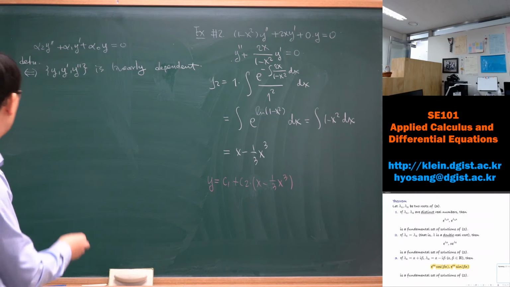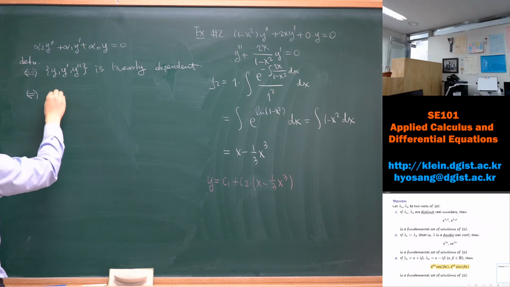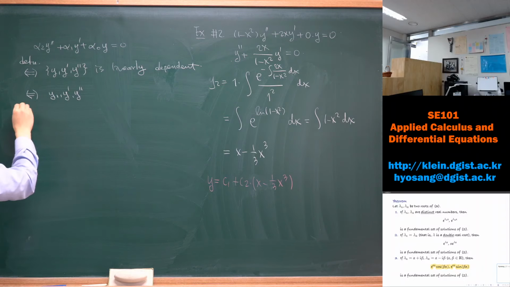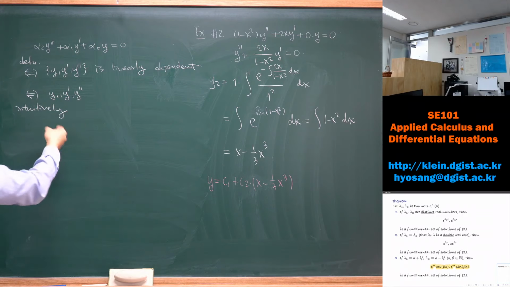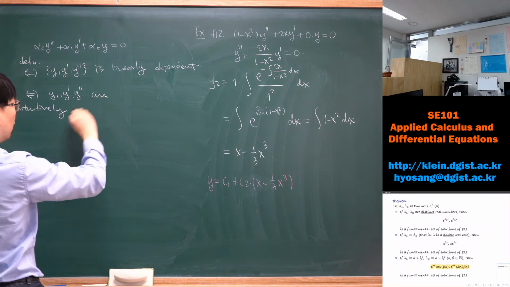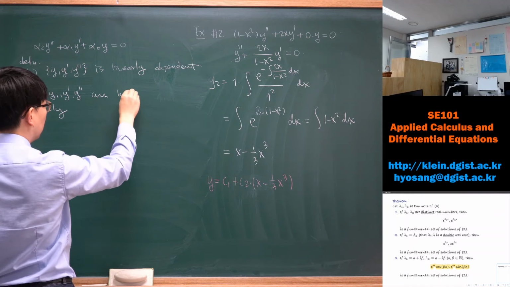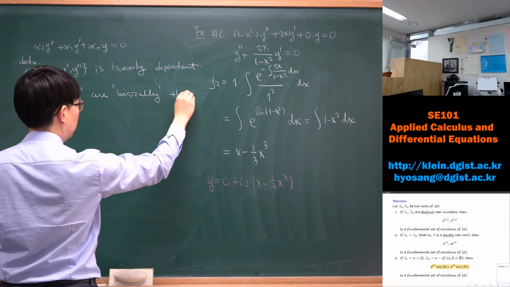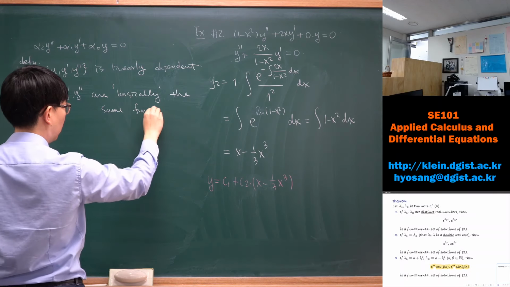So basically, I can say that this means y, y prime, y double prime, intuitively, not rigorously, are basically the same functions.